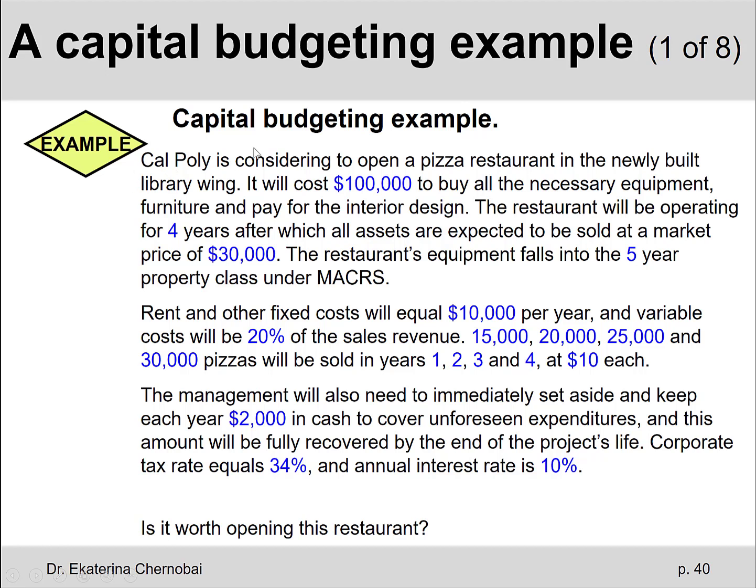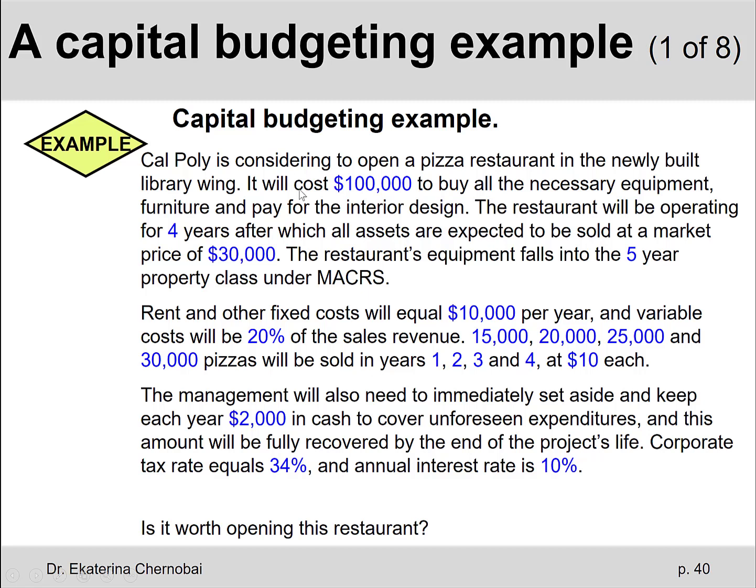Let's say Cal Poly, or more generally, a company, is considering opening a pizza restaurant on campus. It will cost $100,000 to buy all the necessary equipment, furniture, and pay for the interior design. So what is $100,000? That's the initial investment.